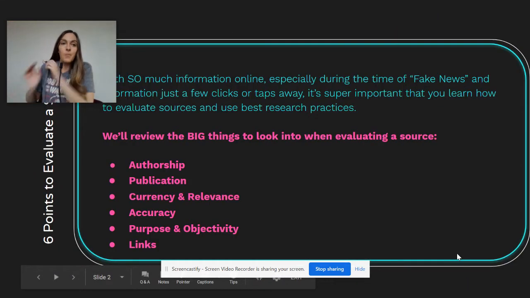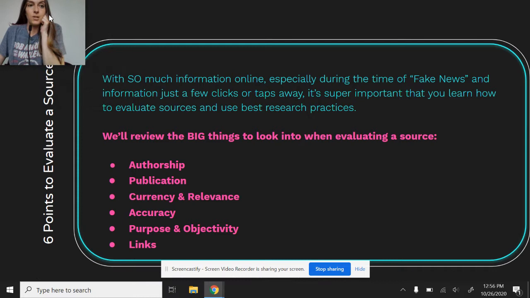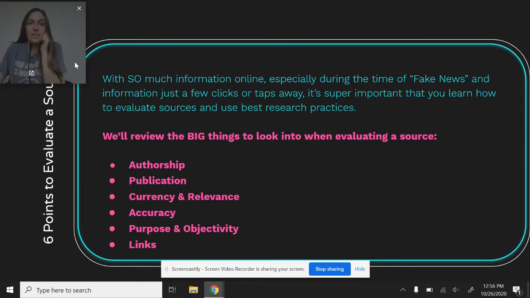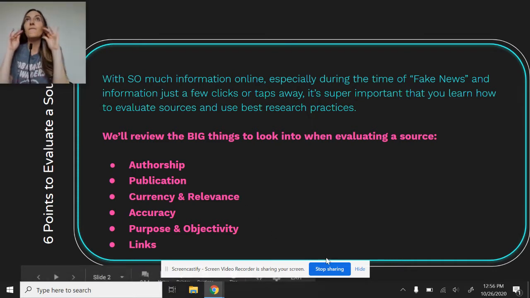So the big thing we need to think about when we are evaluating sources is that we live in an information rich world. We are saturated with information. Everywhere we look, everywhere you go online, there is information. Some of it is not real. Some of it is false. Some of it is true. And the big thing that you need to know how to do is evaluate whether a source is really valid and true and credible, or if it's not.